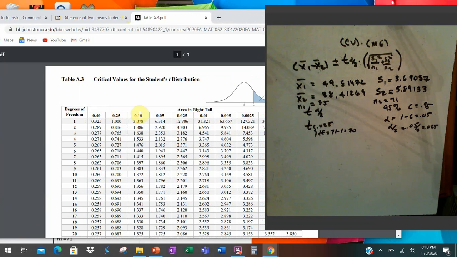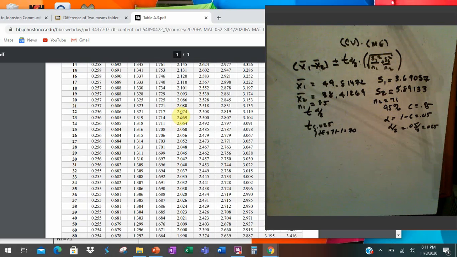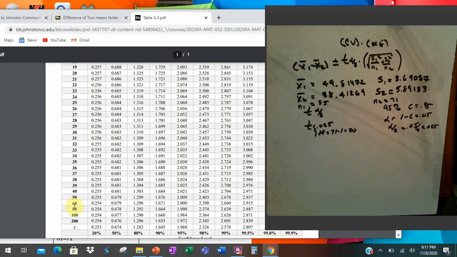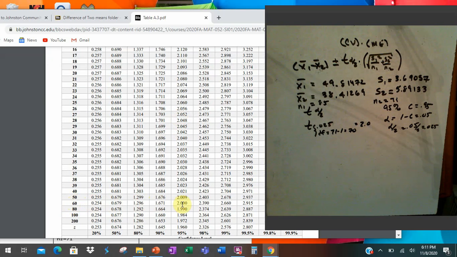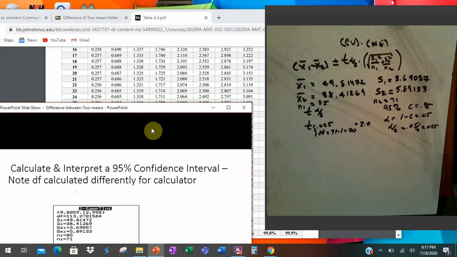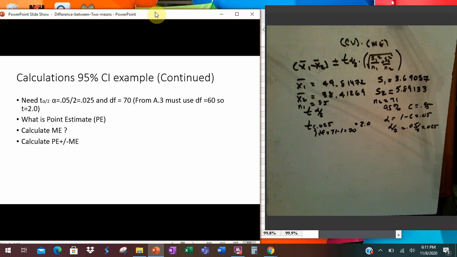So this is my column 1, 2, 3, 4, 5. If I go down and look for 70, what happens is that 70 goes between 60 and 80. And I'm going to use the smaller of those, the 60. That's the column I was looking at. So this value is just 2.0. Okay, so I'm going to go back to my slides. That's where I did the df 60, 2.0.